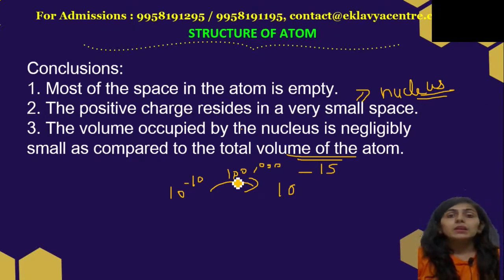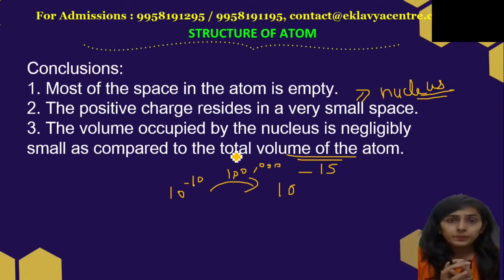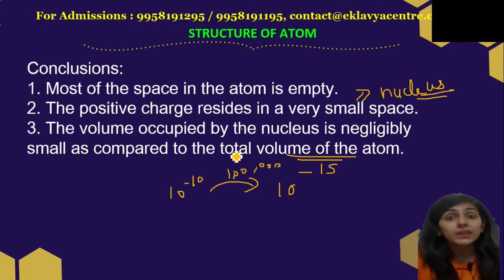Clear this much? He made this conclusion because he took alpha particles, and I have told you that alpha particles are positively charged and the mass of an alpha particle is very, very high. He said most of the alpha particles pass undeflected, but a few got deflected, and in very few cases they got deflected by 180 degrees.